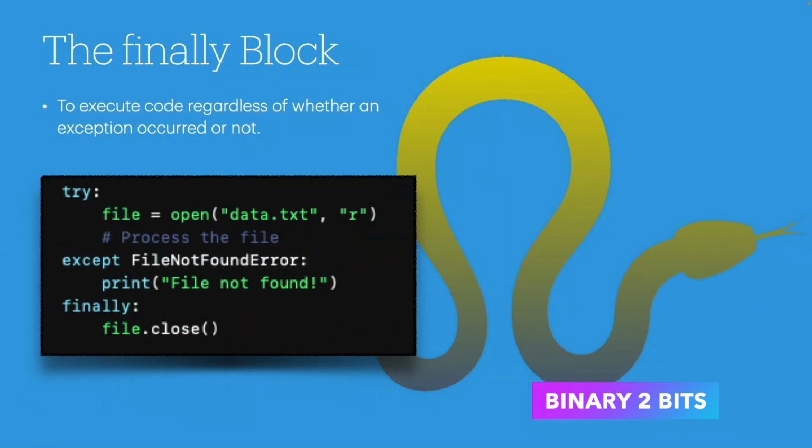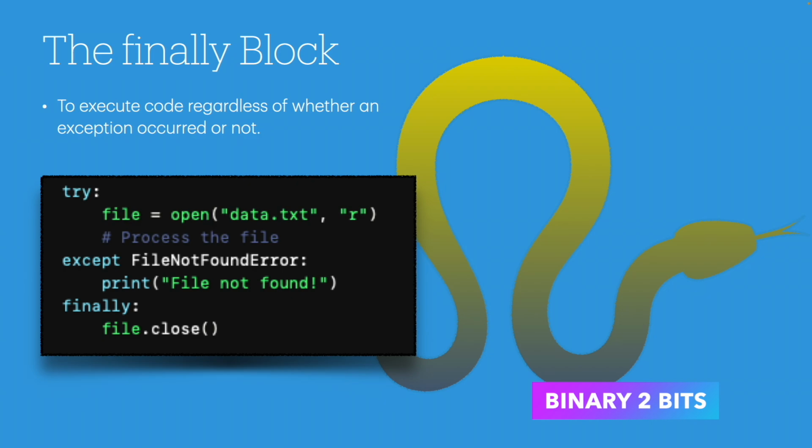Let's say the finally block. Here you can see there is a finally block. If we are handling an error in the try block, I wrap the code that opens a file. While reading the file, the file might not be found.